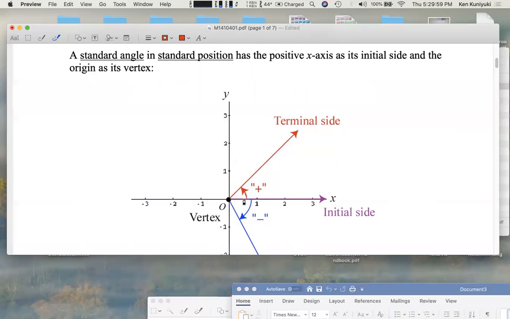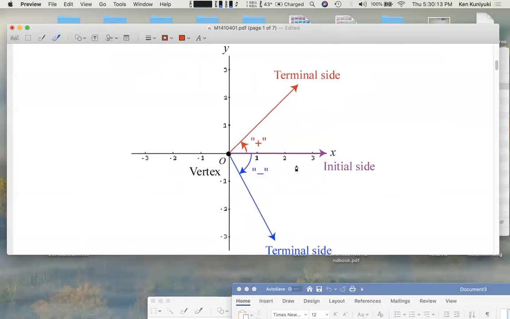So let's say we have an angle where this initial side is then rotated to form this terminal side over here. It's a counterclockwise rotation, so it's an angle of positive measure, or a positive angle. If, on the other hand, you take this initial side and you rotate it clockwise to this terminal side, then you have a negative angle, or an angle of negative measure.